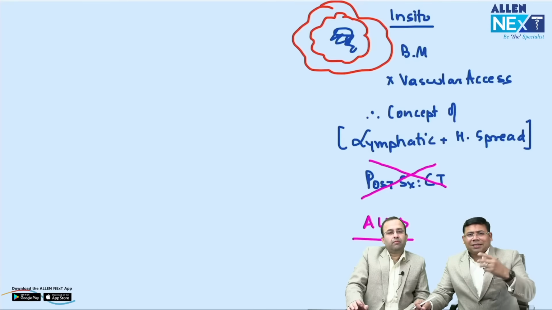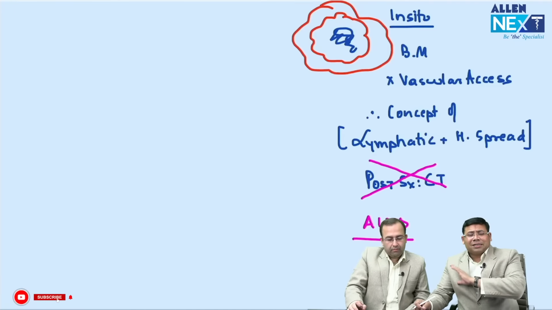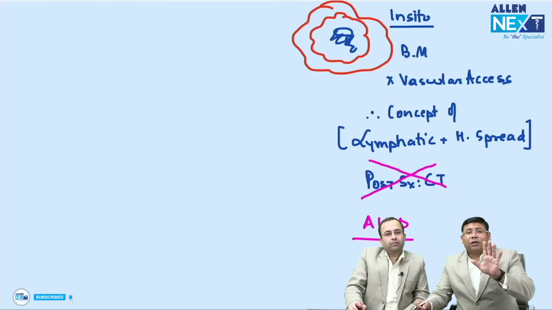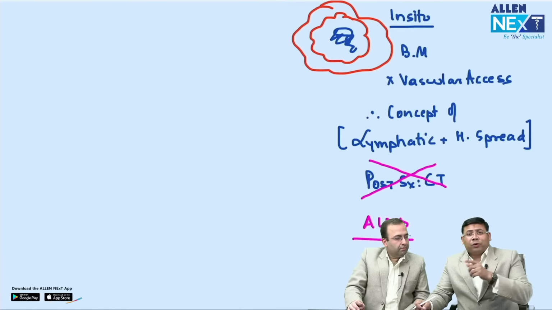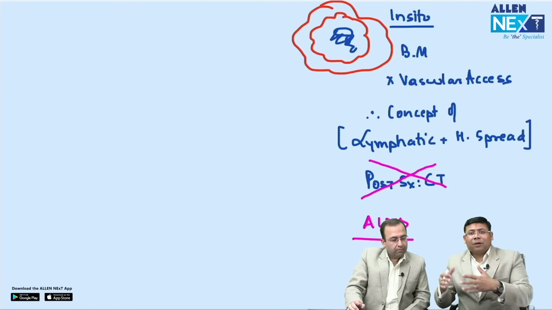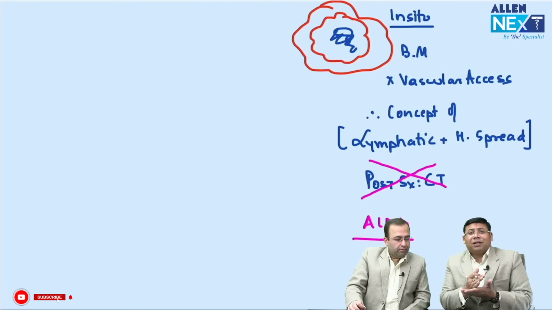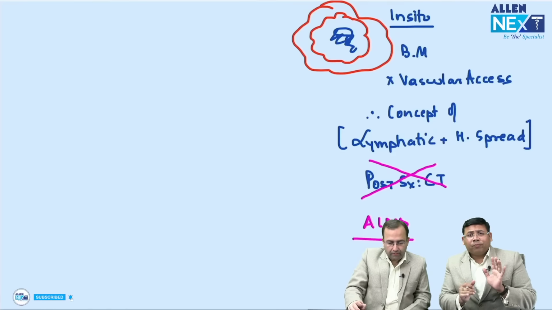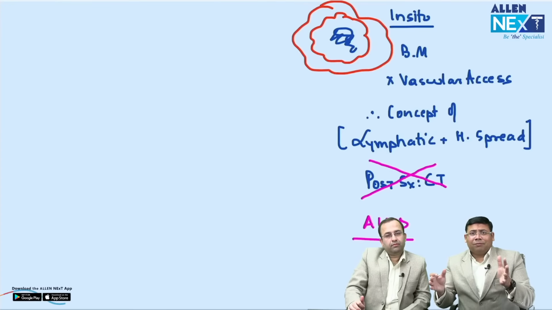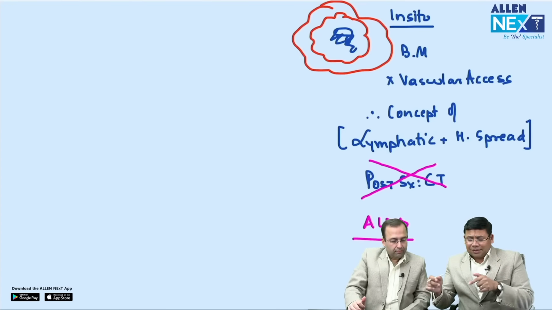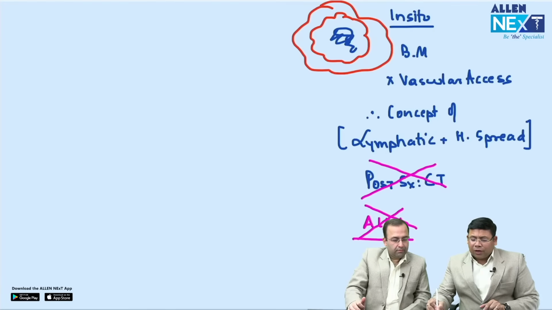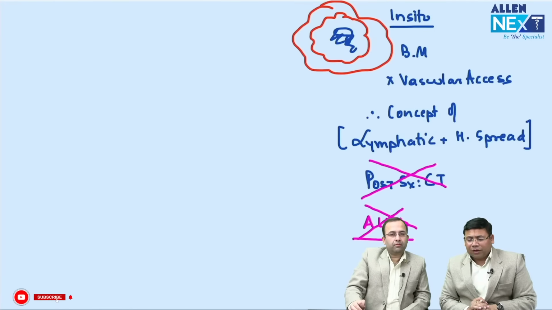If we find involved lymph nodes, then that means the disease is not only contained in the breast, it has moved out into the neighbor's house. And thus we need radiotherapy to fall on this axilla and completely kill the tumor cells, thus preventing local recurrence. This is very important. Radiotherapy is not preventing systemic metastasis. It is preventing local recurrence. So here there is no concept of axillary lymph nodal dissection.